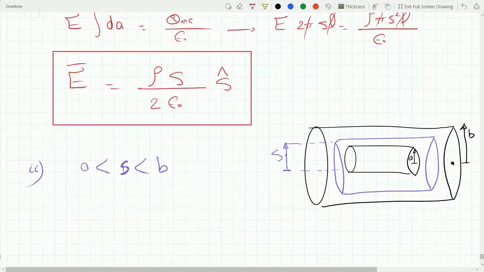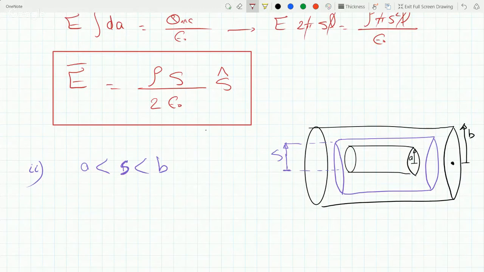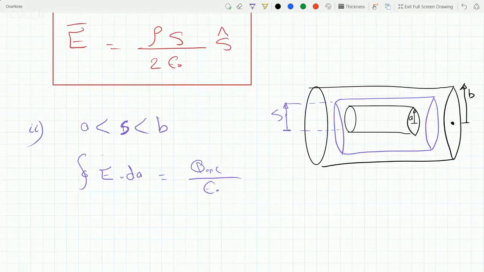Okay, so again, Gauss's law: the closed integral of E dA on the Gaussian surface is equal to Q enclosed over epsilon. In this case, the surface charge of the outer cylinder is on the surface of the outer cylinder, which means there's nothing in between.